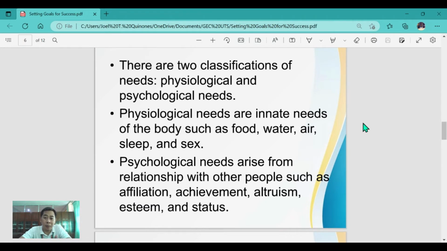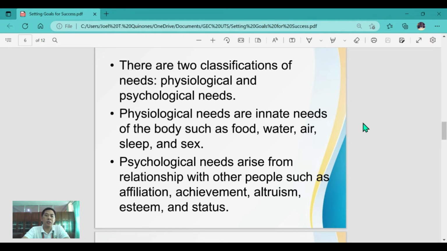When you say physiological needs, basically it refers to the needs of the body. Let's say, for example, the food we need, the food intake we do every day, the 17 or 14 glasses of water every day, the amount of air we should intake, and then sleep, good sleep, and then other bodily needs. That is physiological from the very word itself, physiology, so the needs of the body.